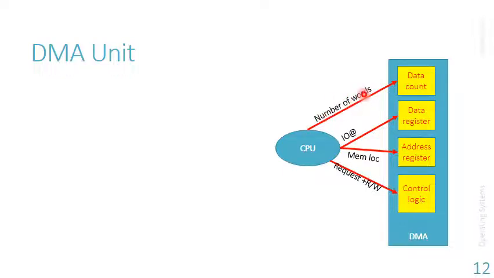Plus, the number of words could be used as an offset to the base if you're specifying the base address, so I will know how many things I'll be storing inside my memory. Fair enough? And then, from an interrupt, just informational point of view, saying that everything was okay, you're good. So I've taken control, and the DMA would say to the process, all right, you asked me to do something, now it's done. So be aware of that.